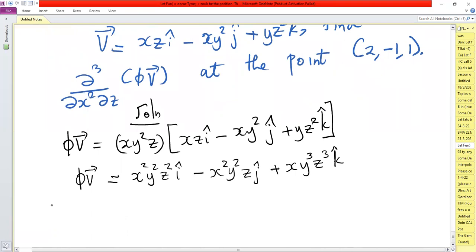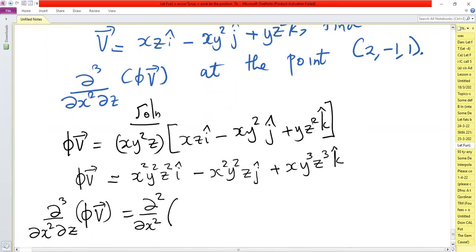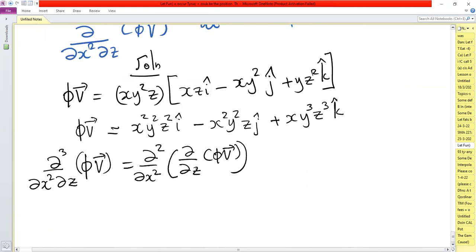So partial cubed partial x squared partial z of phi v means partial squared partial x squared of partial z of phi v. Which means that we need to start by getting the partial derivative with respect to z of this function phi v.